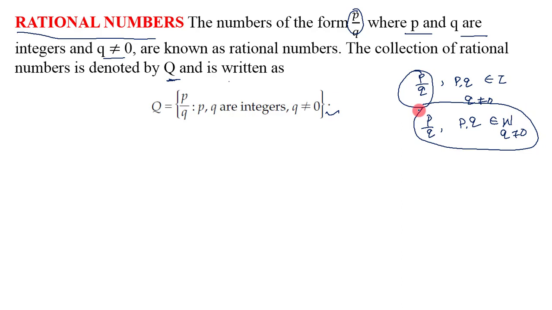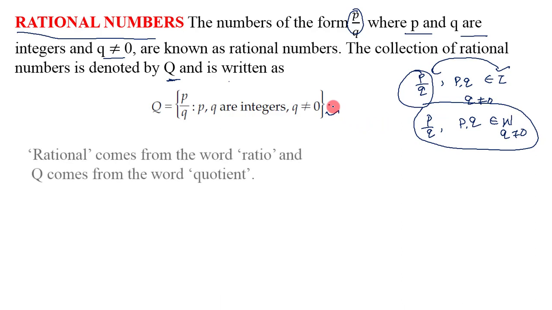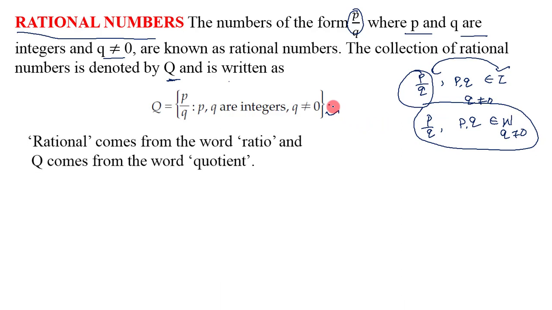But where we can use the negative integers means in the rational numbers. That is the difference between the rational numbers and fractions. Okay. Now, rational numbers. The word rational comes from the word ratio and Q comes from the word quotient.